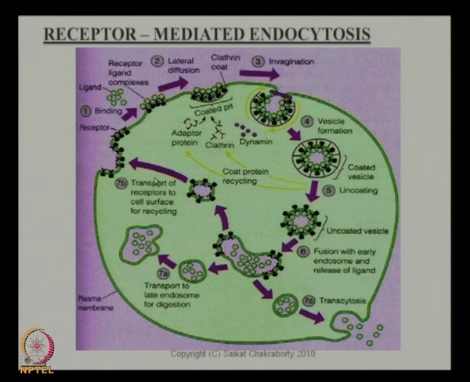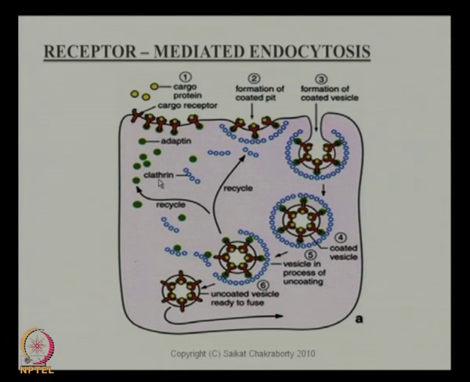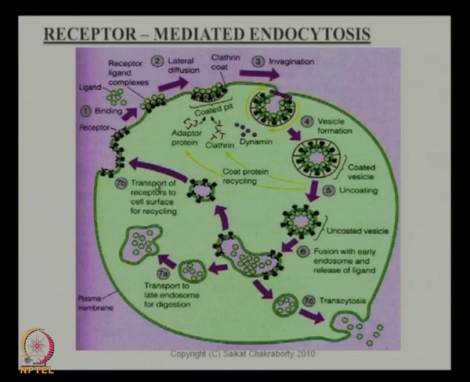So, this picture that you see over here, see, these are the receptors, the black dots, and then this receptor binds to the ligand. You see where the arrow is.